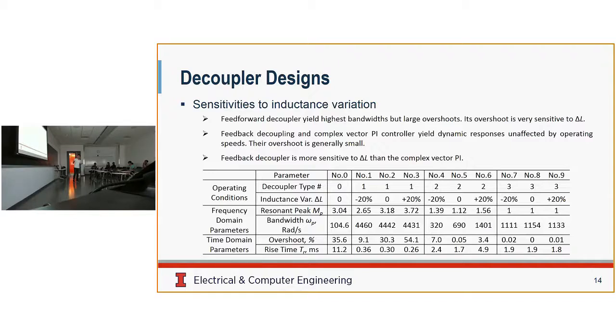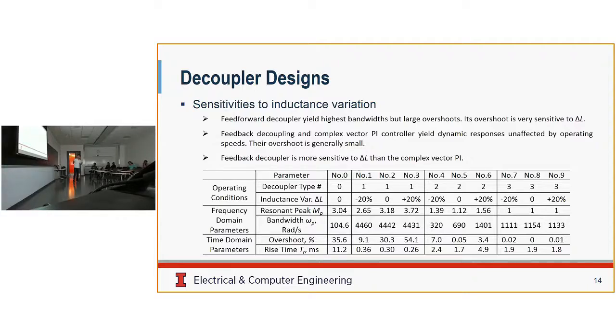And for the feedback decoupler, the bandwidth is still quite sensitive to the inductance variation, but the overshoot is kept generally low compared to the feed-forward decouplers.